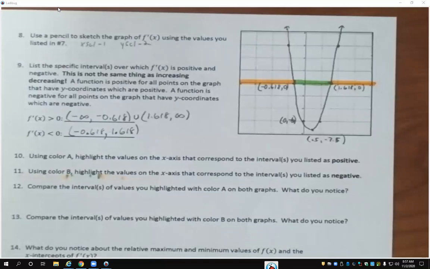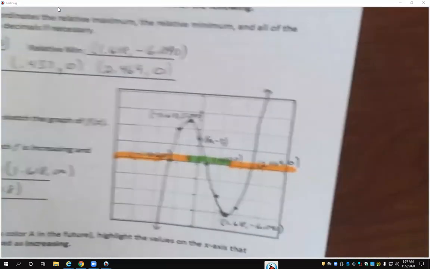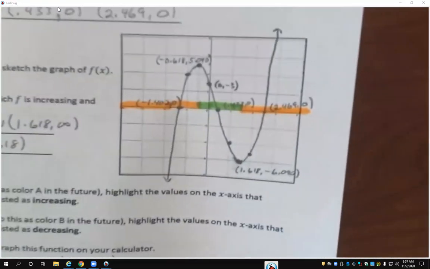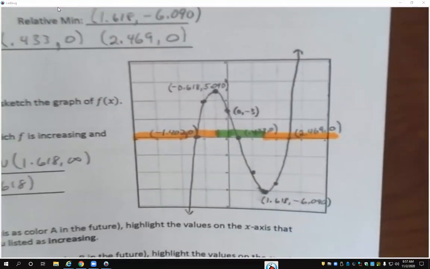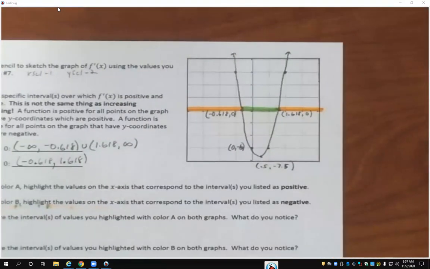This is just an activity to get us thinking about what's going on with these two graphs, but hopefully you're going to make a connection between where you highlighted your first graph and where you highlighted your second graph, remembering that the first graph you highlighted increasing and decreasing values on f of x, and on your second graph you highlighted positive and negative values on the derivative.